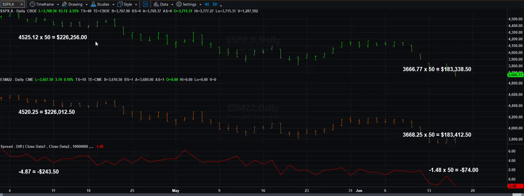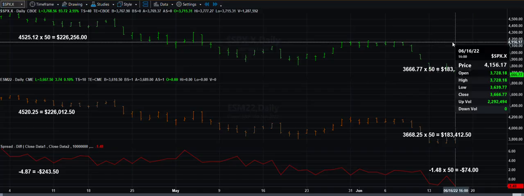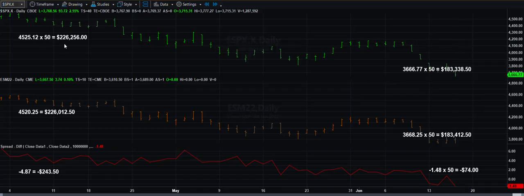And as it drops in value, as you can see it did here, on this date I pegged here, June 16th, it dropped from 226,256 down to 183,338. Quick math, that's $43,000 that it dropped.